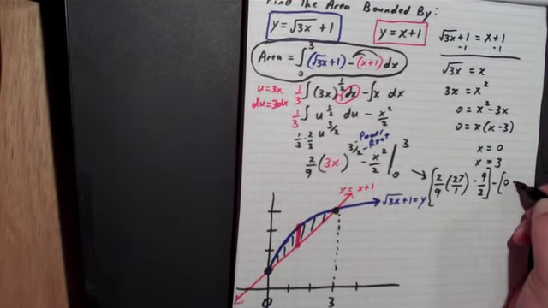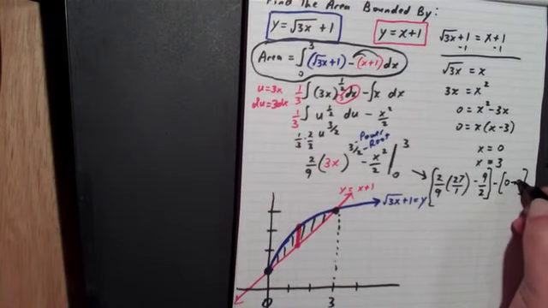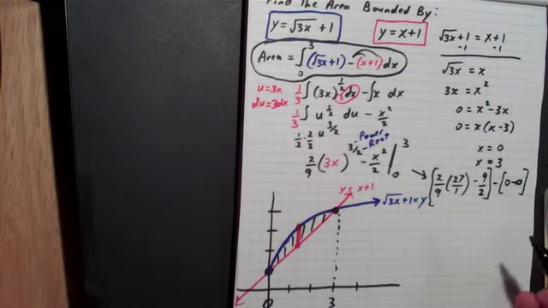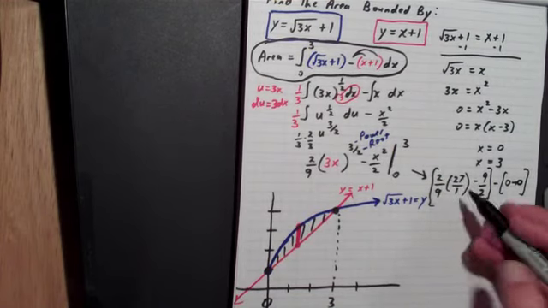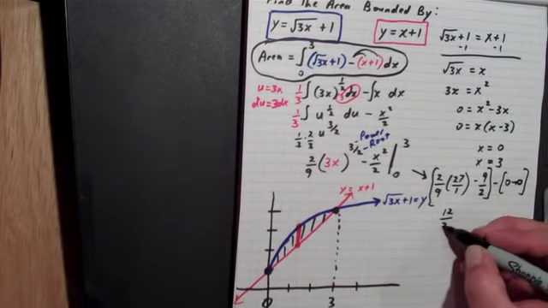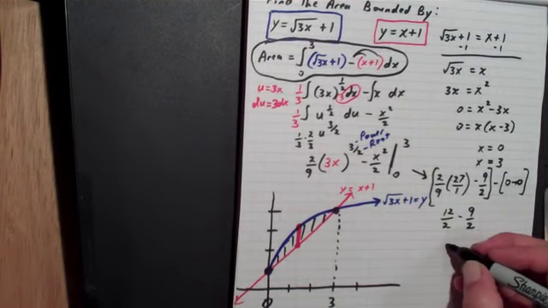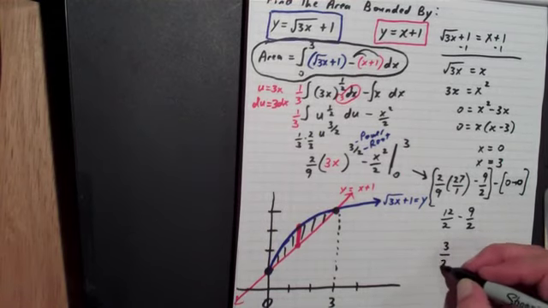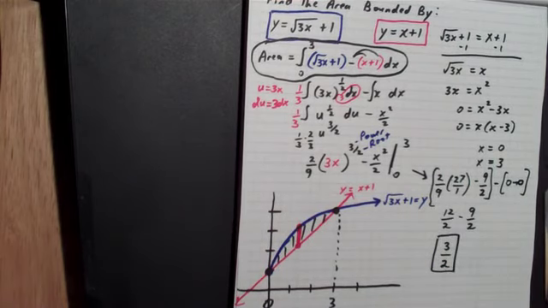Minus, when you put in your lower number or lower bound of 0, I believe it becomes 0 minus 0. Now 9 goes into 27 3 times. 3 times 2 is 6. 6 could be called 12/2 minus 9/2. So I believe this shaded area would be 3/2 or 1.5 if you were to do this on your calculator. I hope this helps. Good luck.